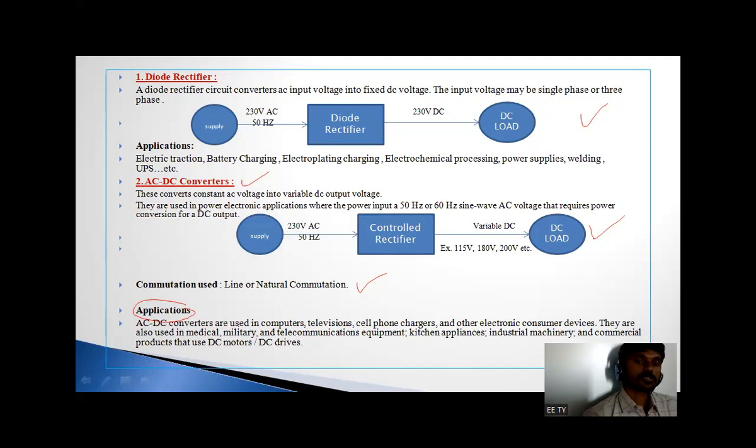AC to DC converters are used in computers, televisions, cell phone chargers, electronic consumer devices, and they can also be used in medical appliances, military applications, telecommunications.